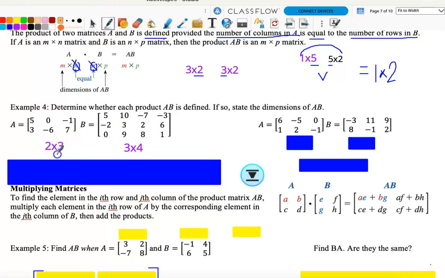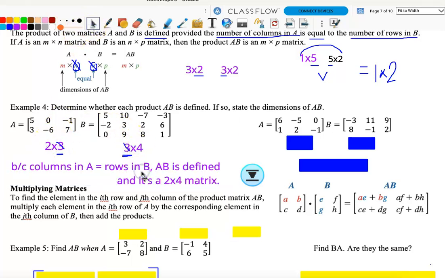Okay, so since these match up, I am allowed to multiply these two matrices. So they would cancel out, leaving you with an answer of a 2 by 4 matrix. So because the number of columns in A equaled the number of rows in B, your matrix is defined. And the resulting matrix would be a 2 by 4.